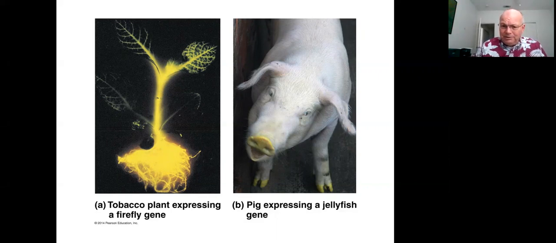So if you're planning to go into the health sciences and you're taking our microbiology course in a future semester, you'll actually work with the GFP gene, this jellyfish gene, and insert that into bacterial cells, and you'll be creating bacteria that glow in the dark. It's kind of cool to see it, in fact.